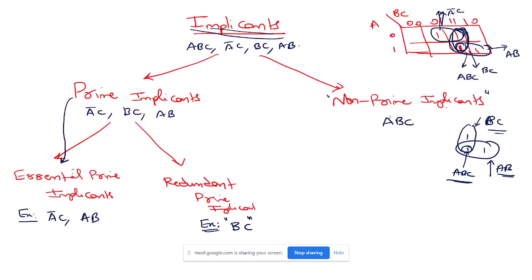You see this BC doesn't have at least one which is present to itself, right? This one is shared by A bar C, this one is shared by AB. So that's why we called BC an RPI, I mean redundant prime implicant, no?